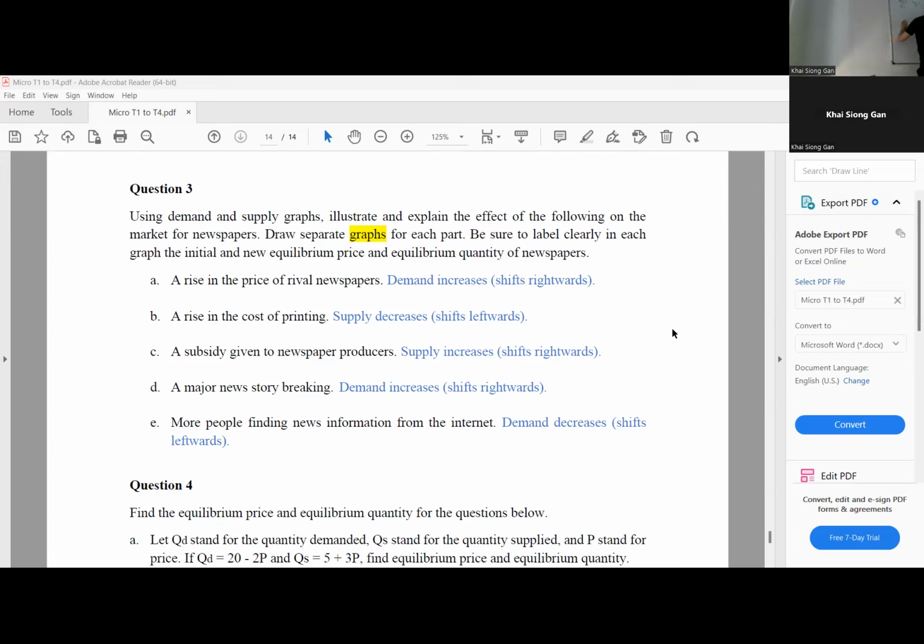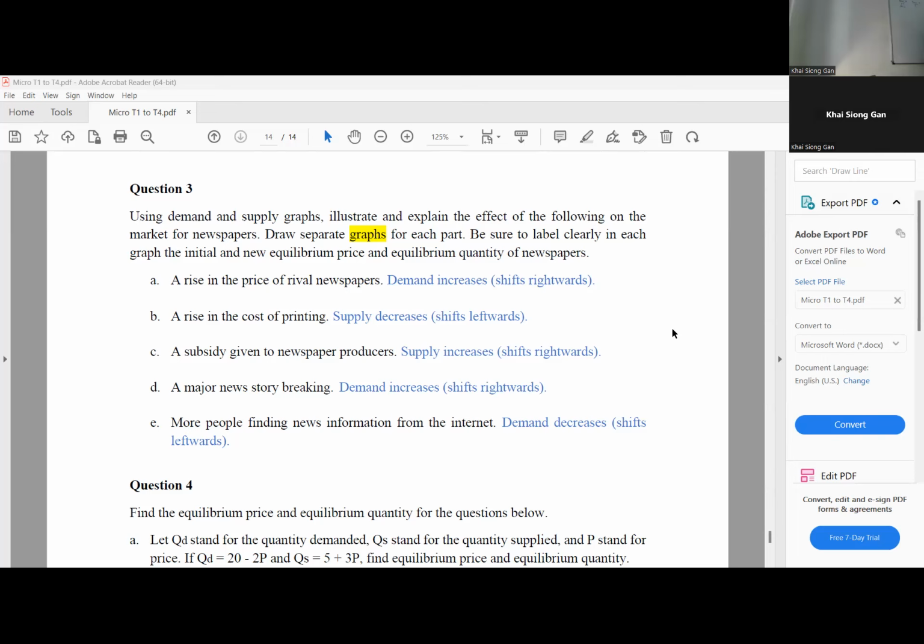So how to draw this? Okay, quantity, price, demand, supply, equilibrium. Demand increases. So the demand shifts rightwards like this. You must have demand and supply curve together, then only you can see the impacts.